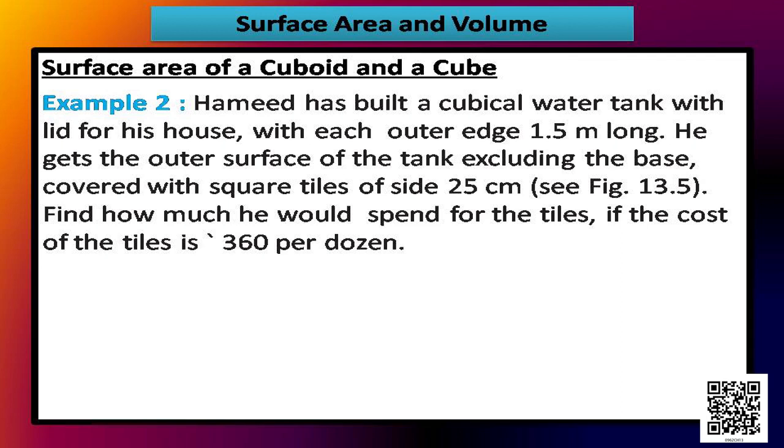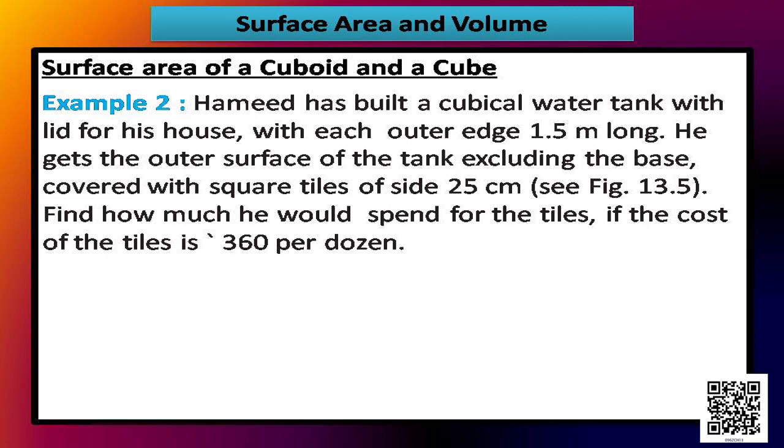You can see the figure that is given in your book, figure 13.5. The question asks, find how much he would spend for the tiles if the cost of the tiles is rupees 360 per dozen. So now let us go for the solution.